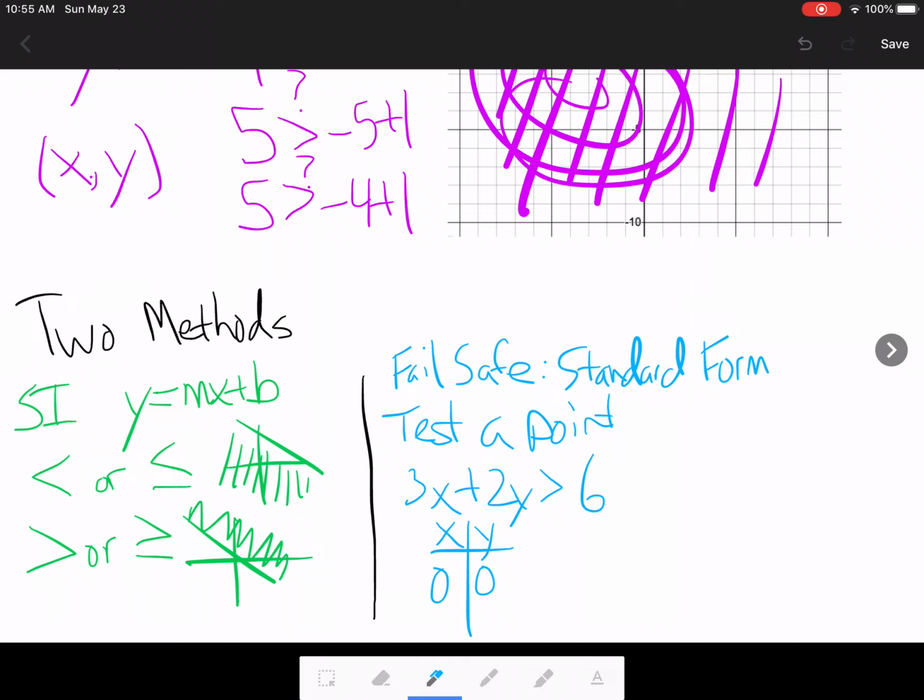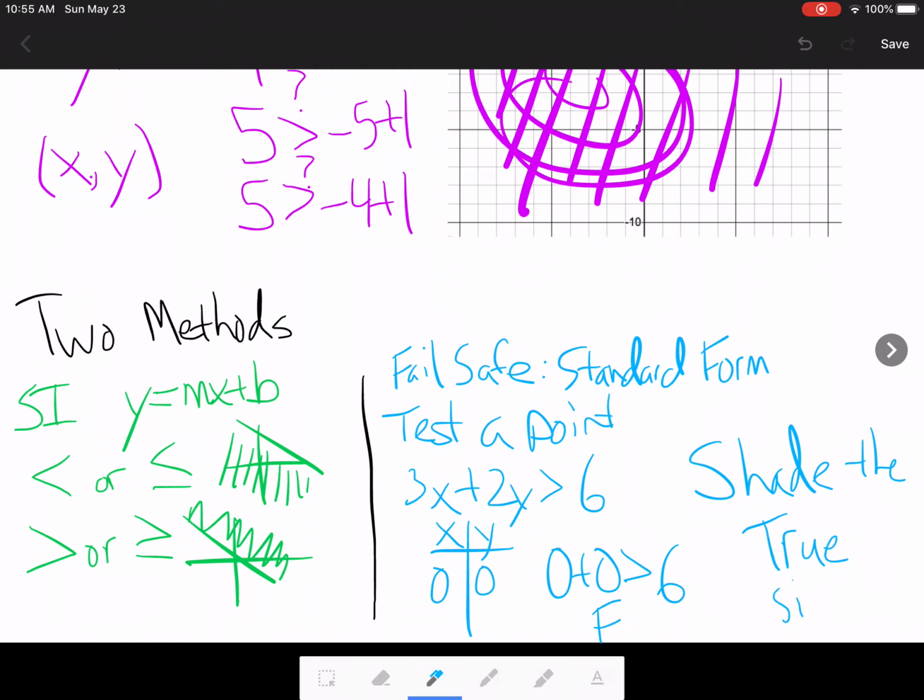So if I put in 0, 0, I'll get 0 plus 0 is greater than 6. This is a false statement. As a result, I'm going to shade the other side, which is the true side. Now, this might not make much sense right now, but I will explain when we get to some examples. But anyways, these are the two methods we're going to use.